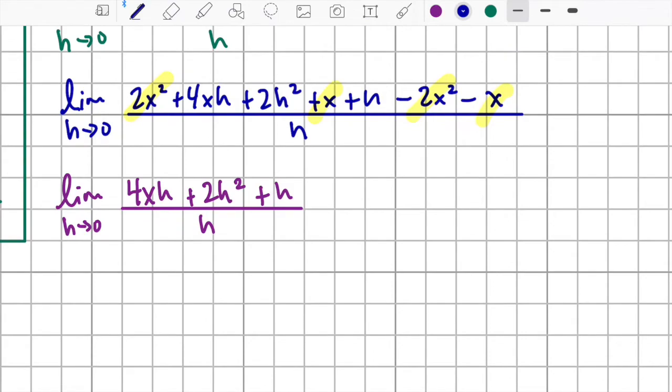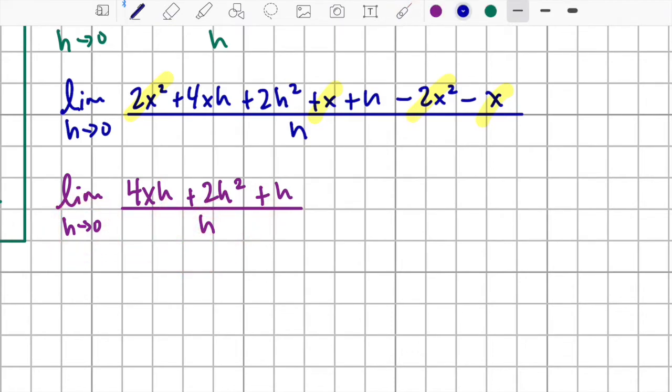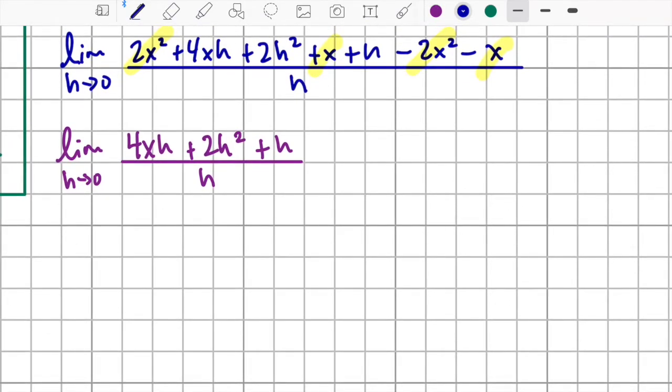If we try plugging it in, notice that it's h approaching 0. So that means that wherever you see an h, that's supposed to have a 0. But we get 0 over 0. So that means I have to simplify even more. So I can factor an h. Limit as h approaches 0.